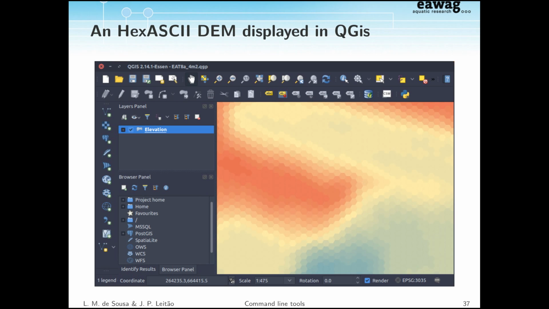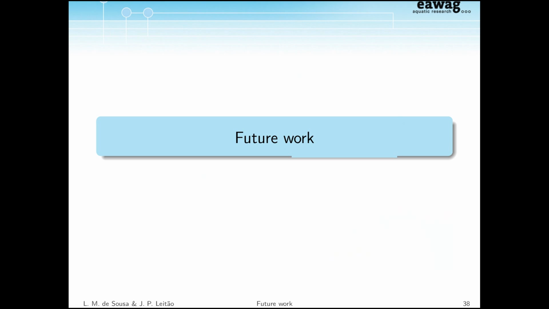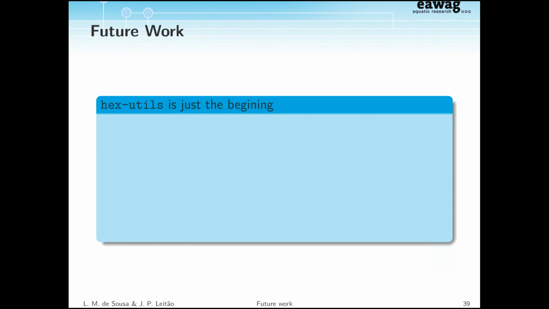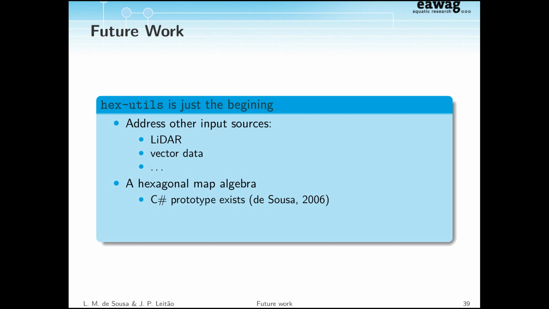Okay, so future work, where will this lead eventually? This little package Hex-Utils is just the beginning of what I hope to be a longer and larger project. I would like to address other input sources, such as LiDAR, such as vectors, and then come to some sort of hexagonal map algebra with many of the usual raster operations that GIS users are expecting in a GIS.